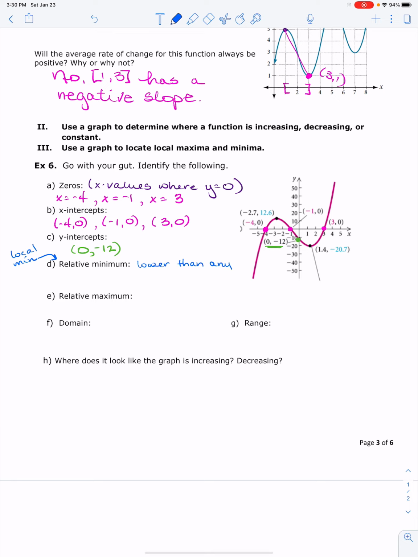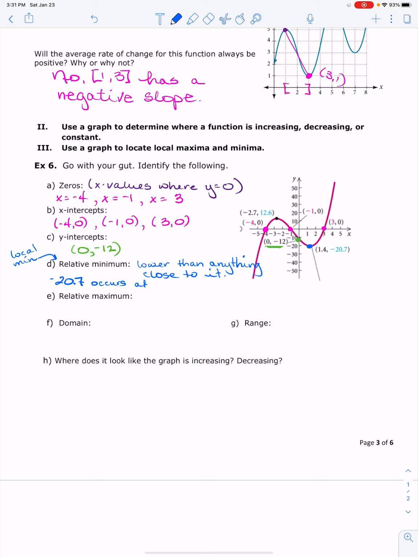I'm going to write that here so you've got that: lower than anything close to it. That's going to be this point right here, (1.4, -20.7). When we talk about the maximum and the minimum, we are talking about the output value. So the minimum is the -20.7.